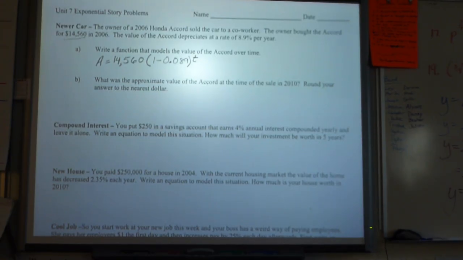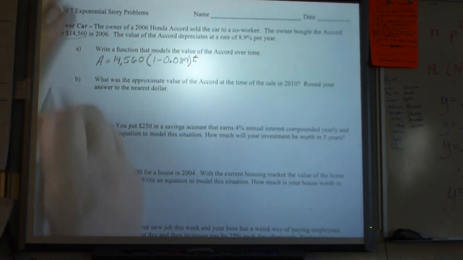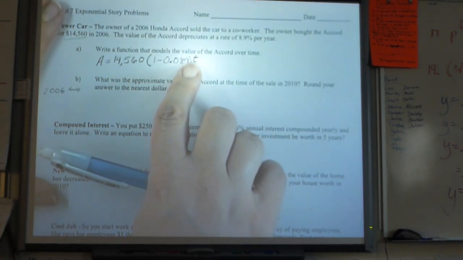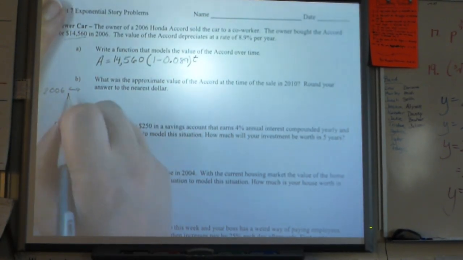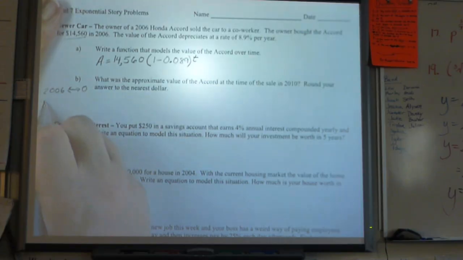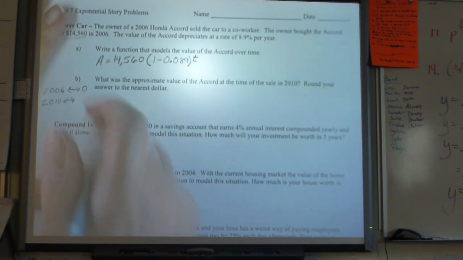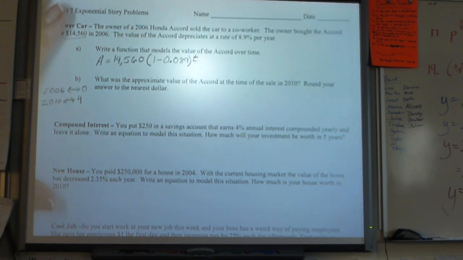What is the approximate value of the Accord at the time of the sale in 2010? Well, the year 2006 is our starting point, so we're not going to do it to the 2010 power. 2010 years haven't passed, so we want to know how many years have passed. 2006 corresponds with our starting point, so 2010 corresponds with year what? 4. 2010 minus 2006. 4 years have passed.